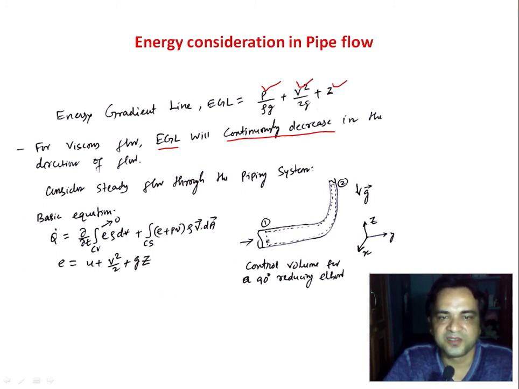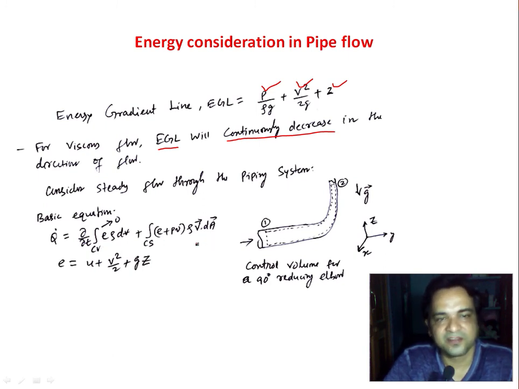But we have considered a control volume, so we have to convert that expression for a control volume using the Reynolds transport theorem. So we state that Q dot equals del by del t of the integral of e rho dV over the control volume plus the integral of (e plus pv) rho V dot dA. Already in my previous video we have discussed the Reynolds transport theorem in detail.